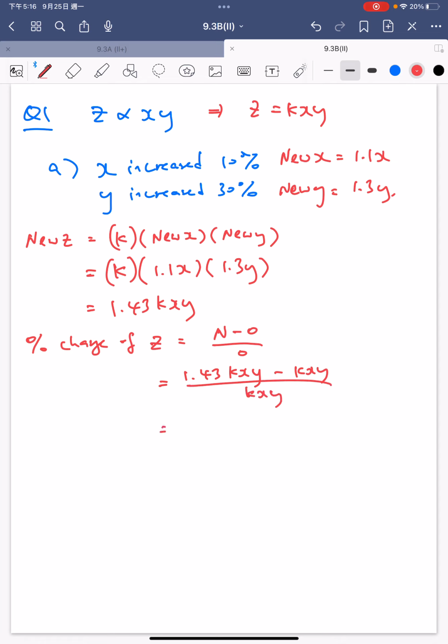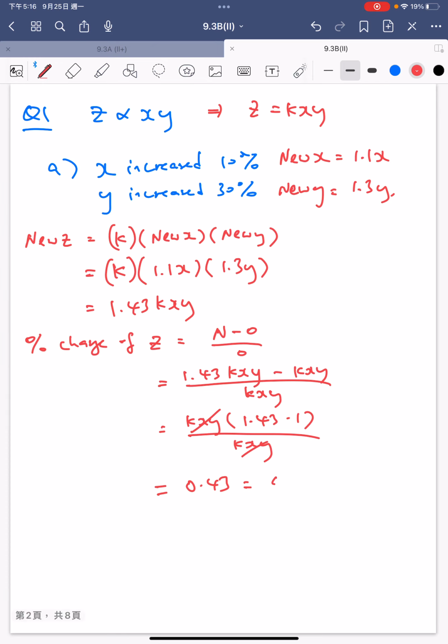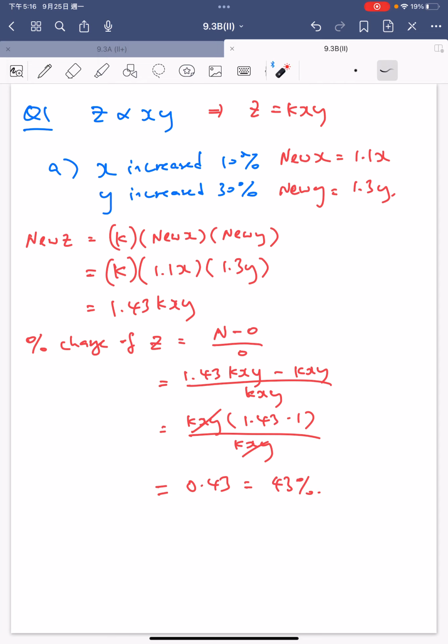Then we take out the common factor kxy, so we have 1.43 minus 1, divided by 1. The kxy is our common factor, so we can eliminate it. The answer will be 0.43. Changing it back to a percentage, we have 43%. So this means that when x is increased by 10% and y is increased by 30%, z will be increased by 43%.